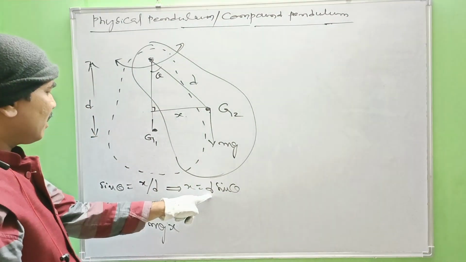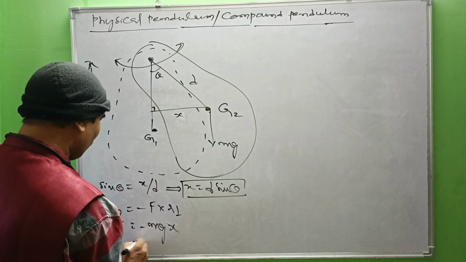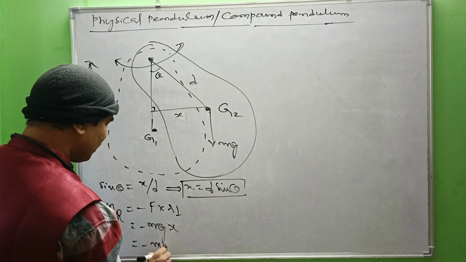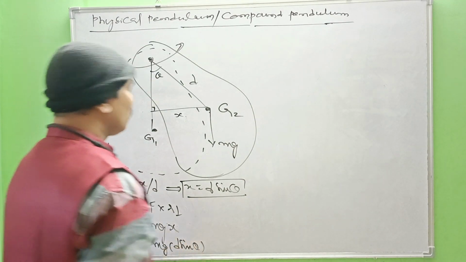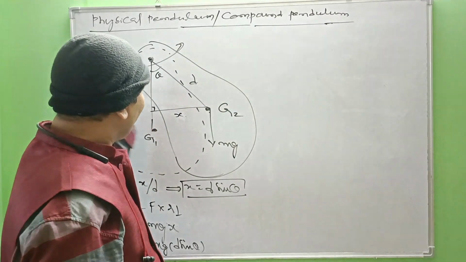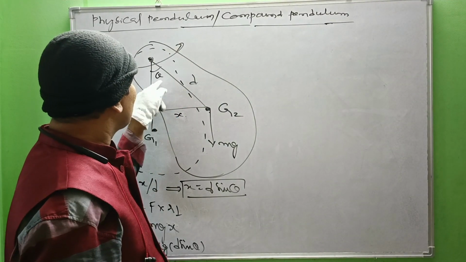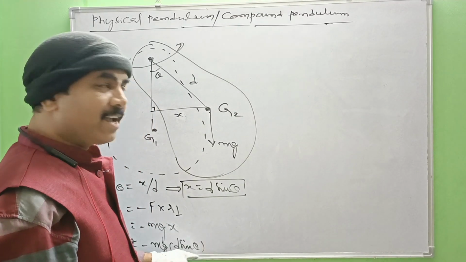Again, x means what here? x equals d sin theta. That is equal to minus mg into d sin theta. Right? If the body makes oscillations with small amplitudes, then sin theta can be taken as theta.